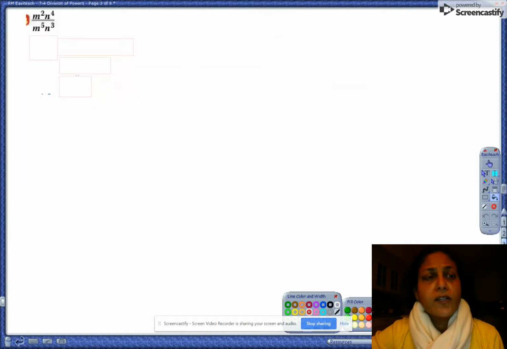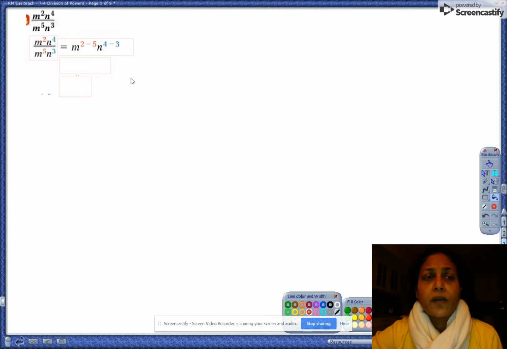And so let's look at this example. I know it's really tiny, so you may want to write it down. And we're going to look again at just the matching coefficient. So this is m squared divided by m to the fifth, and then n to the fourth divided by n to the third.